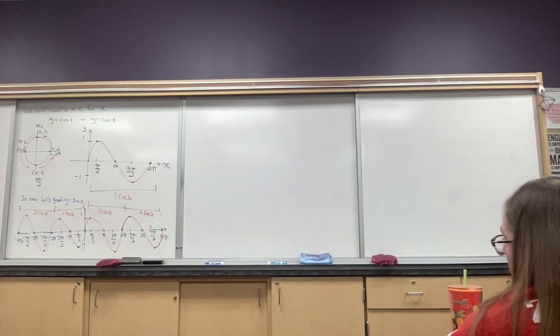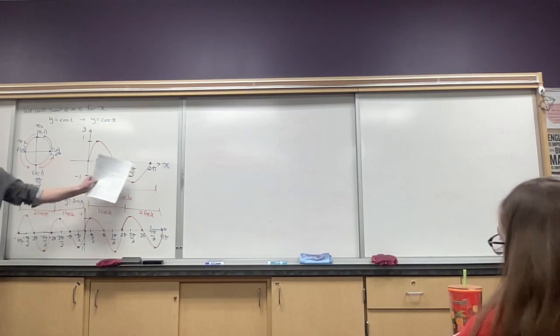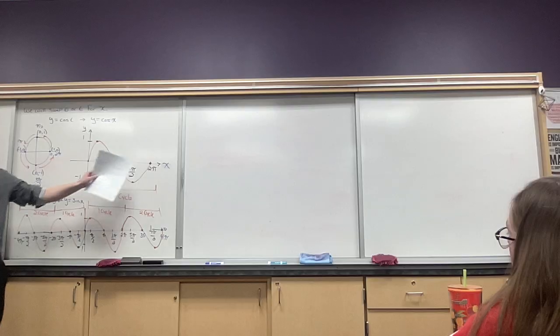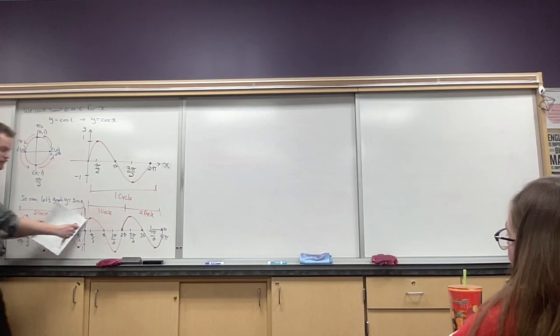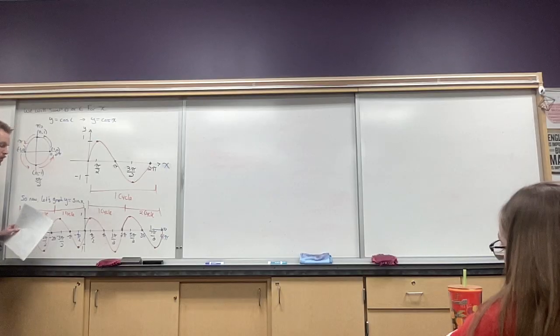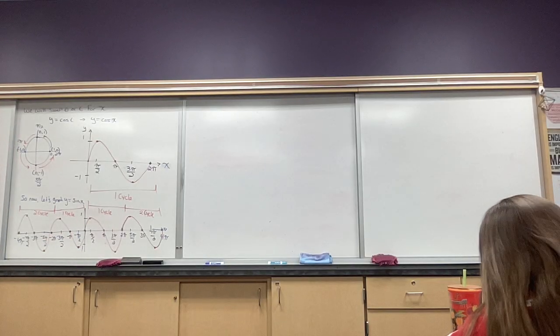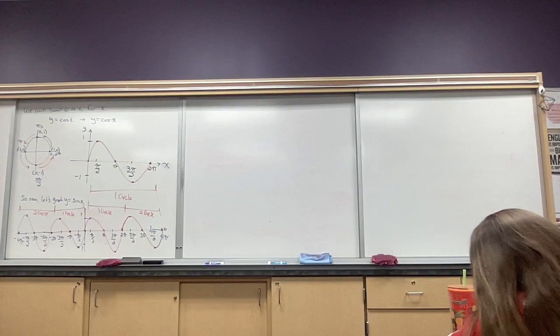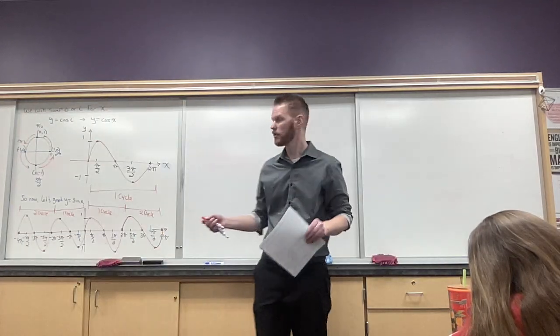Okay? Now if I just ask you to graph it with one period, well, one period we know from last lessons is 2 pi, so you just stop here. But if they ask you to graph more than one period, like graph 2 periods, well, it'd be this guy right here. Or you could do from here to here, that'd be 2 periods. It just depends on what range they want you to do it with. Okay? All right. Questions?